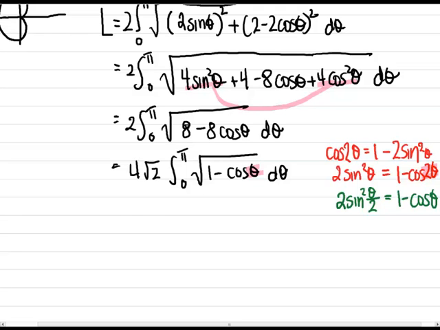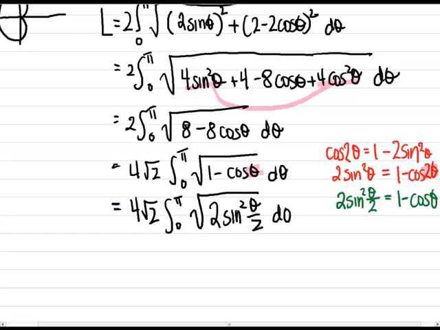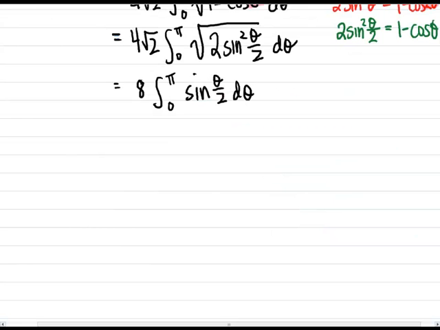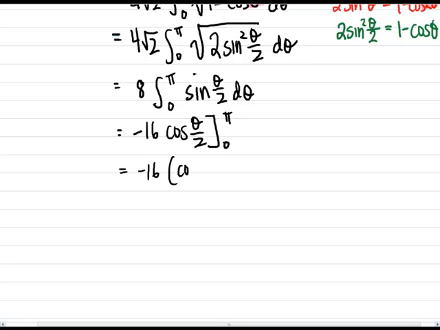That's going to be my substitution. So rewriting my integral, I have the square root of 2 sine squared theta over 2 d theta. I'm going to get 8 times the integral of sine theta over 2 d theta. We can now integrate this pretty easily. I get negative 16 cosine theta over 2 from 0 to pi, which is negative 16 times cosine pi over 2 minus cosine 0, which is equal to 16.